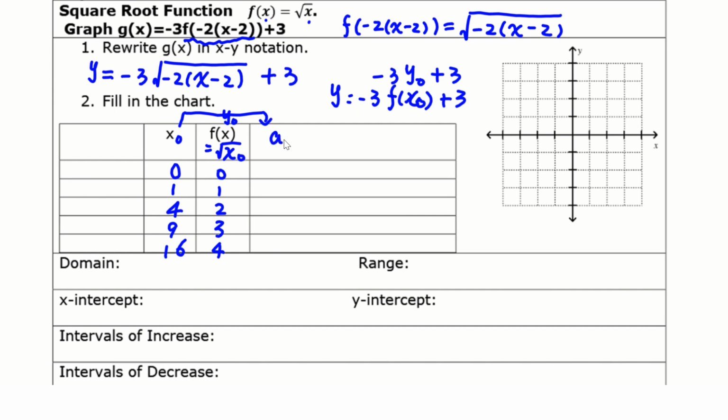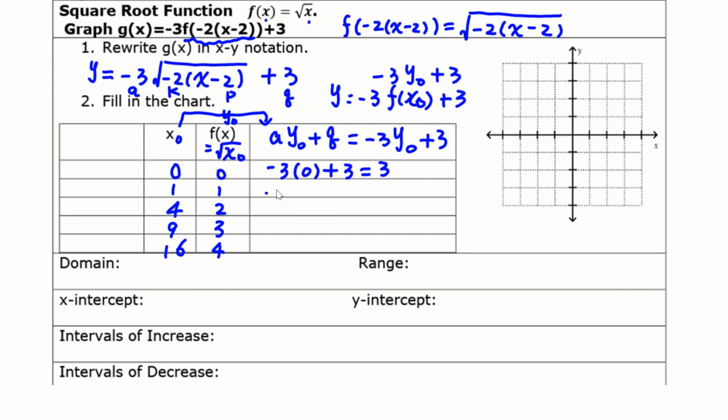So it is a times y0 plus q, and subbing in, a is negative 3, q is 3. So this is a, this is k, this is p, this is q. Then we sub in: negative 3 times y0 is 0, then plus 3 gives you 3.